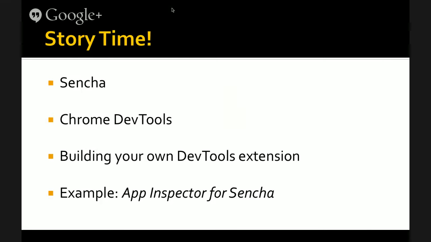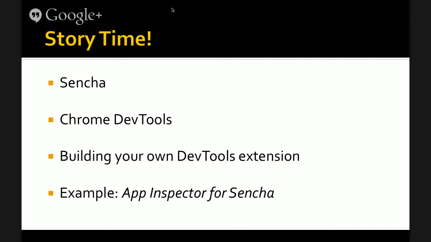And today's presentation is in no way a sales pitch of Sencha. I'm really here to tell you guys a story about how I built a Google Chrome extension because I find it to be incredibly useful. And what I would like to do would be to kind of walk you through who Sencha is in about 5 minutes.